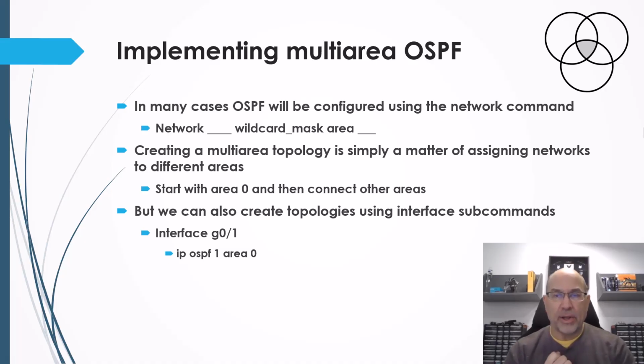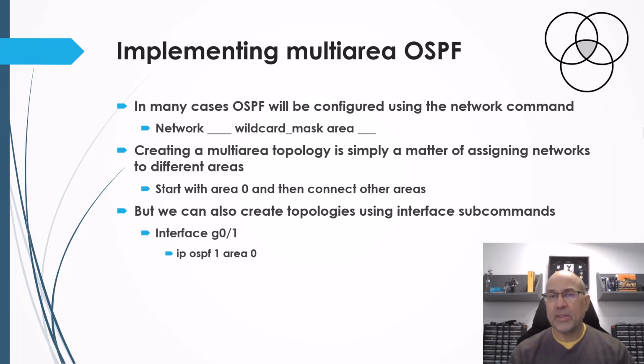Implementing multi-area OSPF. Now, as we said before, you can get an awful lot done with a single area OSPF topology. So one area is plenty to handle small to medium size, low complexity networks. But at some point, the number of networks you have, the number of different organizational structures, or the complexity, security concerns, all of these may necessitate moving to a multi-area OSPF topology.